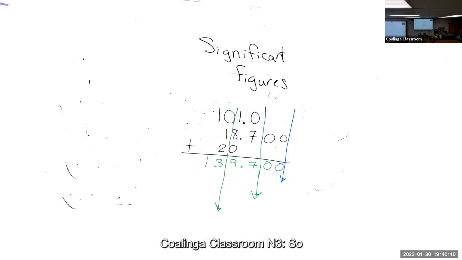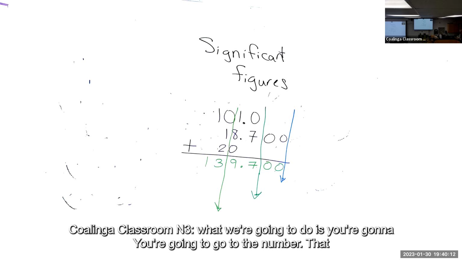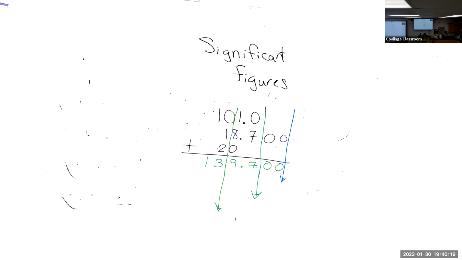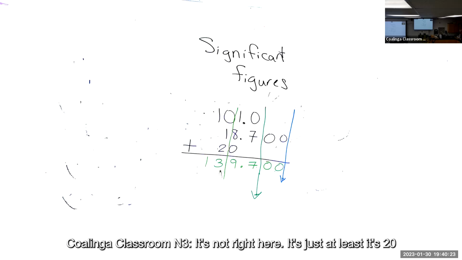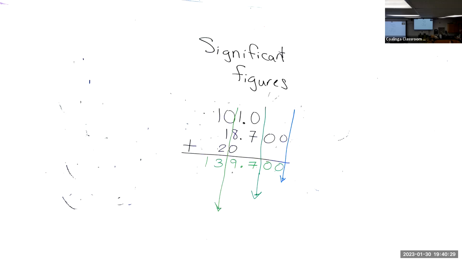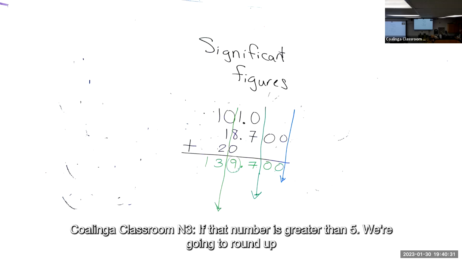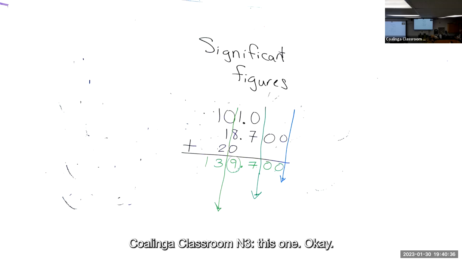Okay, so what you're going to do is go to the number that shows the least significance, which is our light green line here. This number here shows the least significance, 20. We're going to take the number here and look at it. If that number is greater than 5, we're going to round up this number.